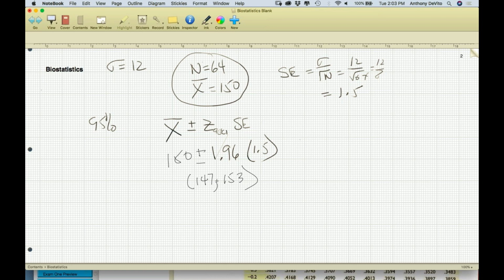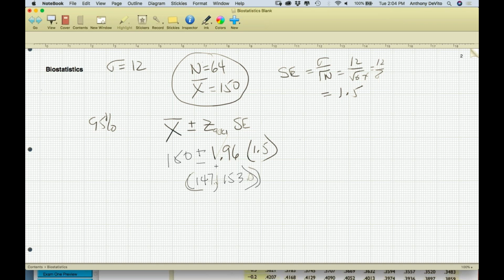I'd rather you didn't round it necessarily, but probably on this kind of problem I would have given you enough leeway above and below to cover the amount that you would have rounded, right? Because it's really 147.1 and 152.9, whatever it turns out to be with the next digits. So we're 95% sure it's between these two values.